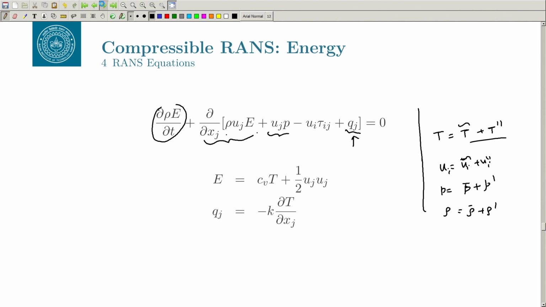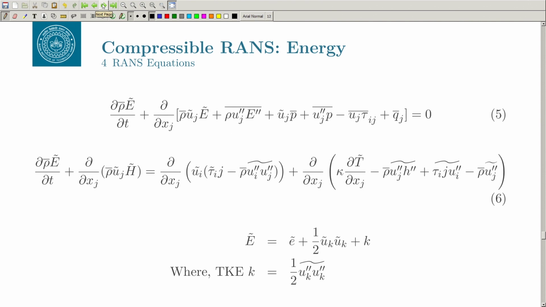So, if you do that, what are the terms that we will be getting? The first term, as you would expect, you have rho e, right. What is e? E has 2 terms, the internal energy, CvT, plus half u square, right. Both T and u, we are using the Favre fluctuations, so with Favre averaging it can become T tilde and u tilde square.